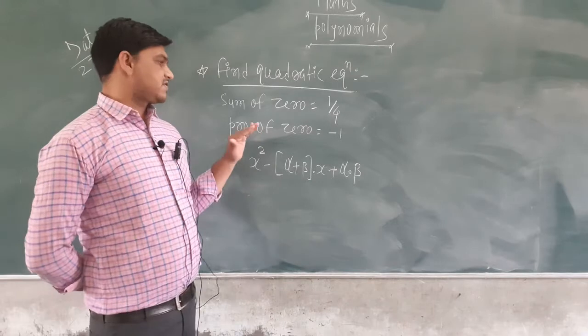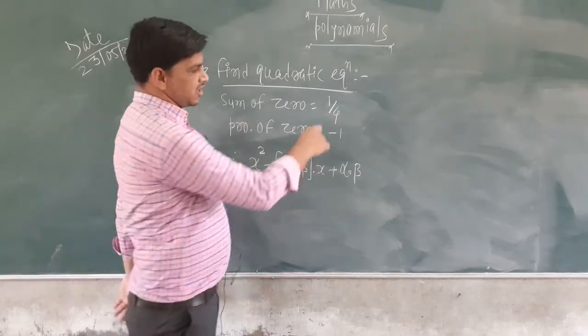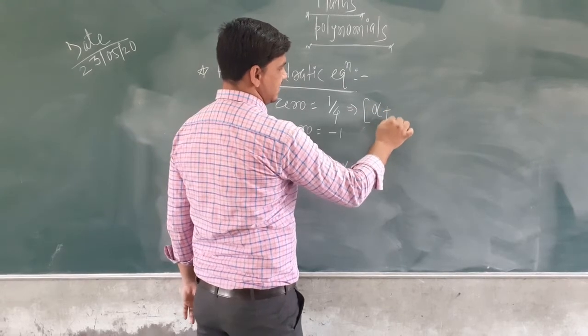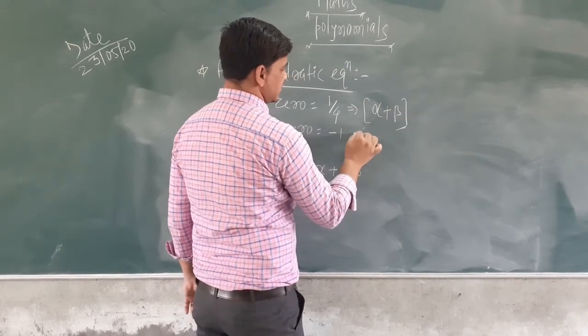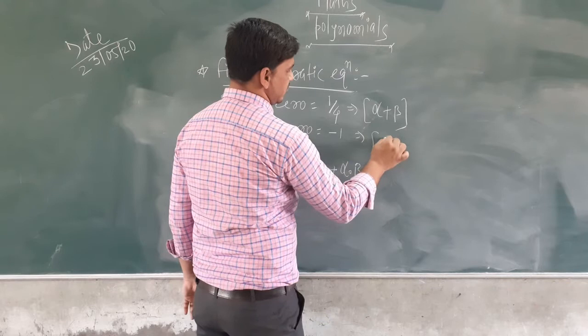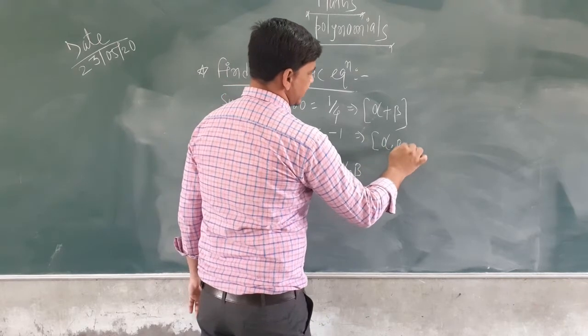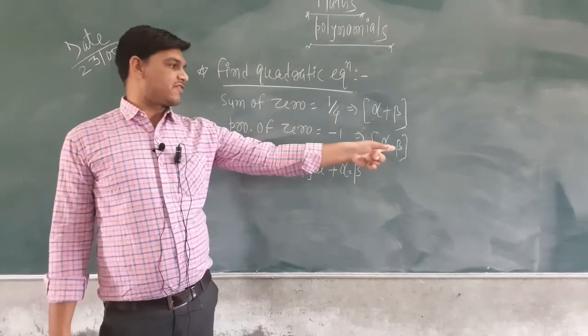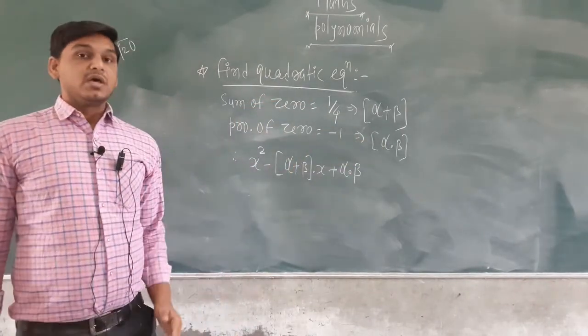So using that formula, sum of zeros means alpha plus beta, right? And product of zeros means alpha into beta. That is already given. Alpha plus beta is given, 1 by 4, and alpha into beta is given, minus 1.